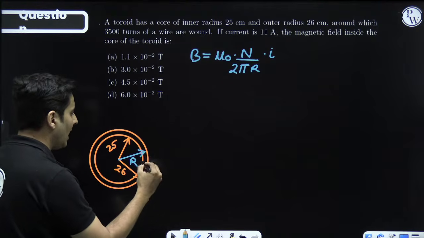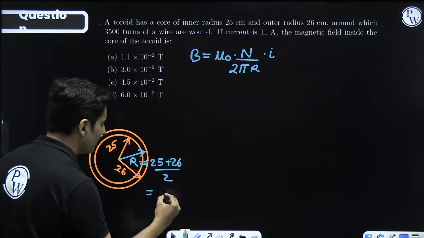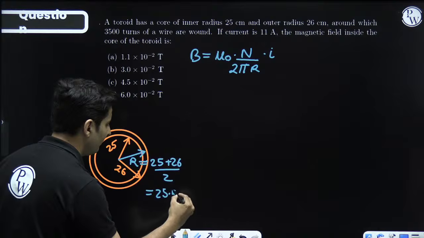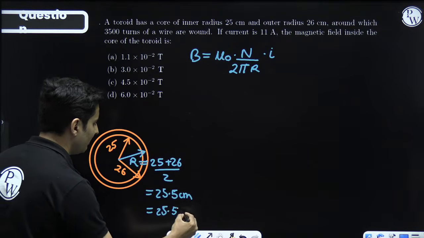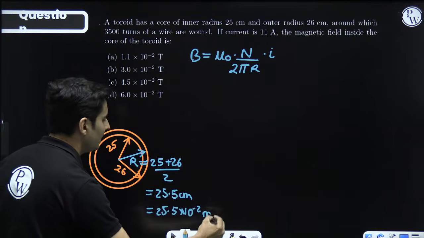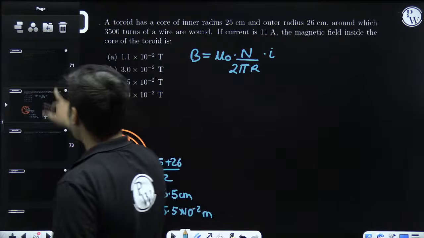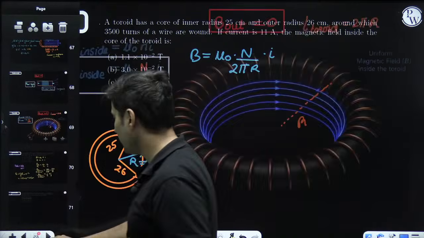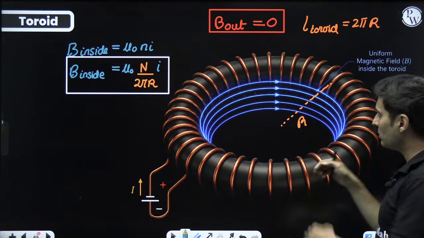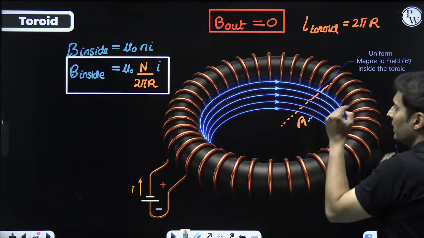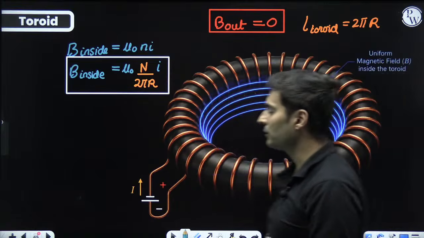So this r is actually 25 plus 26 by 2, which means it is 25.5 centimeters, which is 25.5 into 10 to the power minus 2 meters. So it is the average of that. So when I mention the word radius over here, don't think it is inner radius, it is actually the average radius of the inner part and the outer part. So it will be somewhere over here.